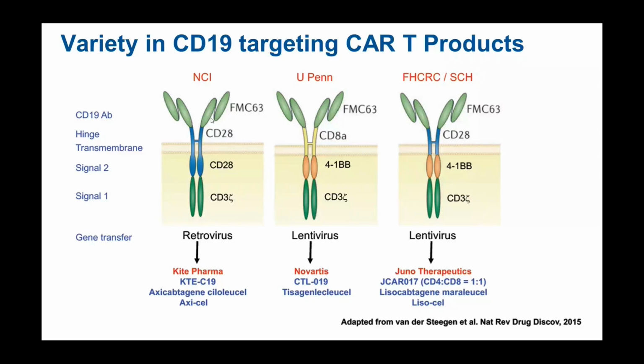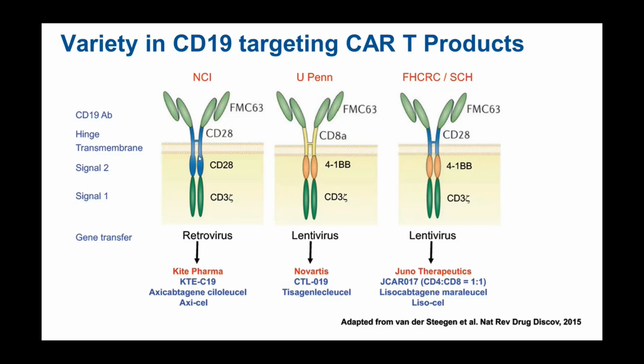In terms of the hinge transmembrane, the thing that gets the signaling across the cell membrane, both the Kite Pharma and Juno Therapeutics adopted the CD28 transmembrane domain, but Novartis opted for a CD8 alpha domain, a different protein. Then importantly here, the first signal is always the CD3 zeta chain, so transmitting that TCR signal into the CAR T cell. And the second signal has varied between these products.